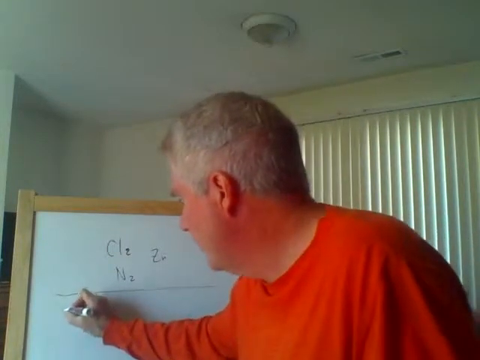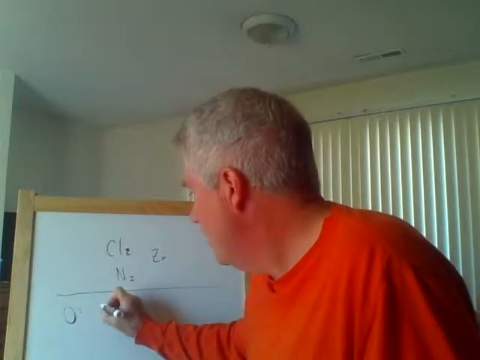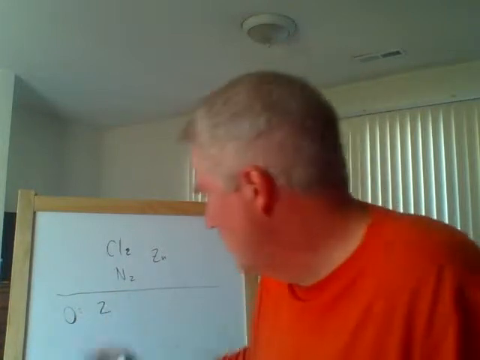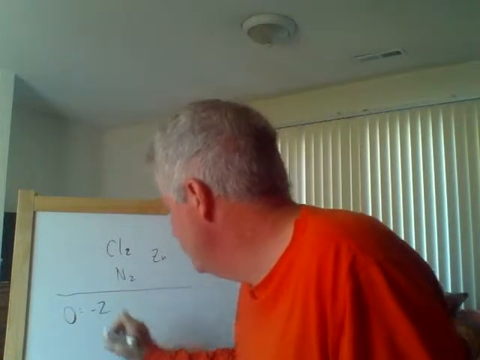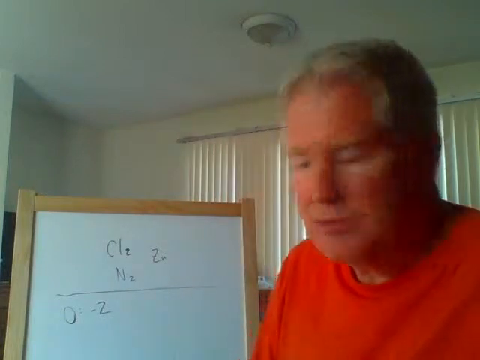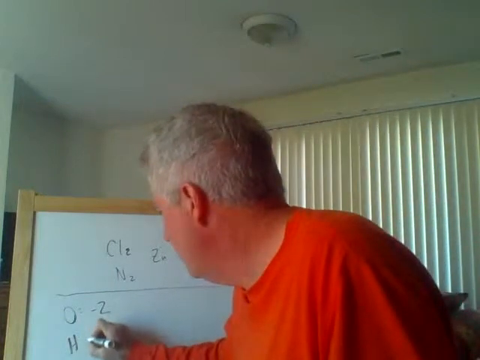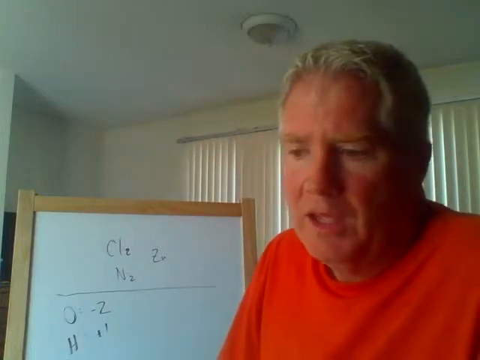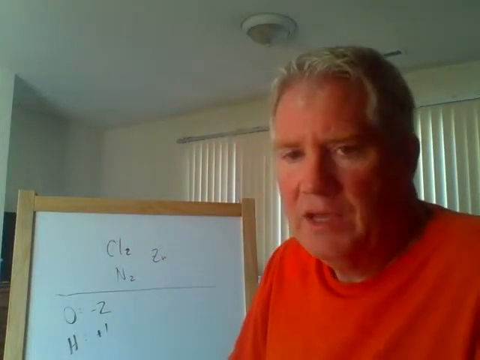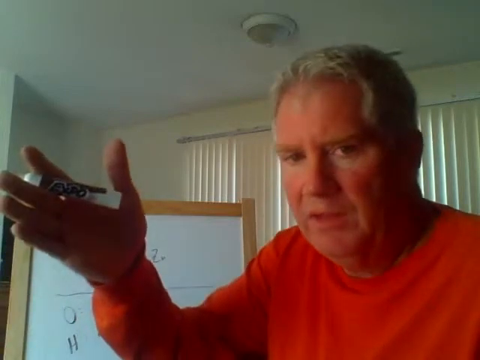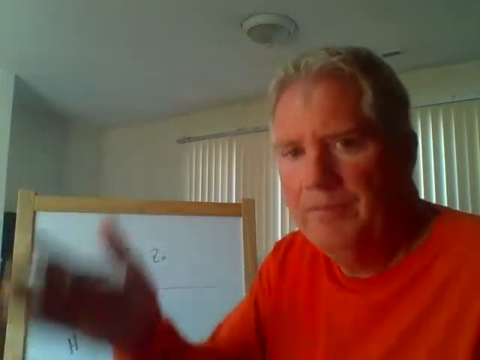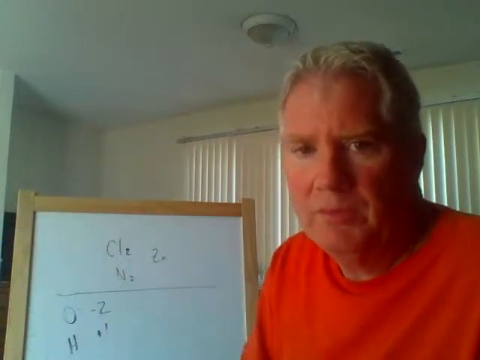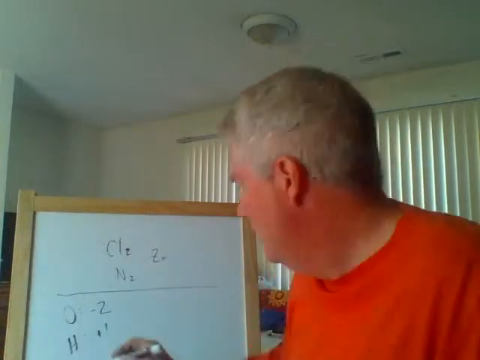So basically, the rules are oxygen always has oxidation number of -2. Except in some extreme cases. Oxygen always has an oxidation number of +1. Okay? And then it goes on to say elements in the sodium column, basically the lithium, sodium, potassium column, the 1A column.